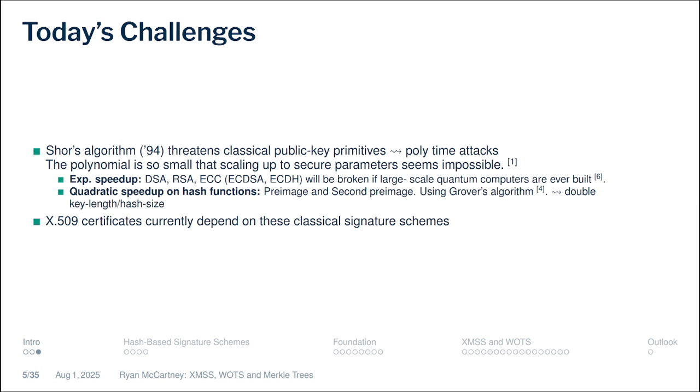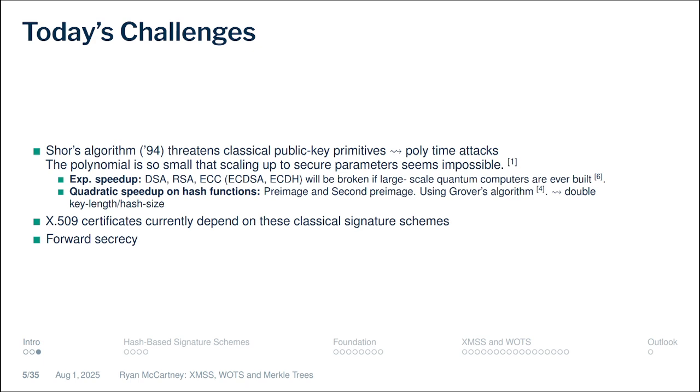If you install it, Microsoft, for example, pre-installs it, and then the chain of trust goes down to the specific website vendor. And these certificates that build this chain of trust are based on classical public key primitives, mostly RSA and elliptic curve cryptography.